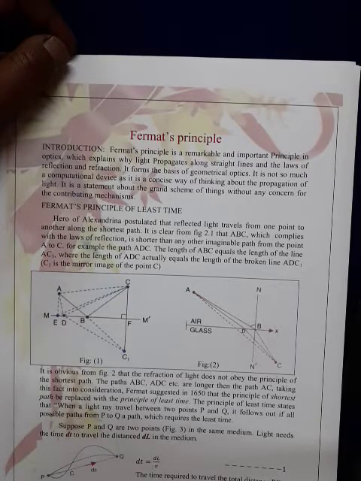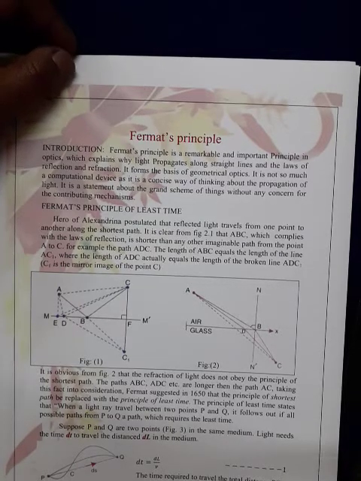It forms the basis of geometrical optics. It is not so much a computational device as it is a concise way of thinking about the propagation of light. It is a statement about the grand scheme of things without any concern for the contributing mechanism.